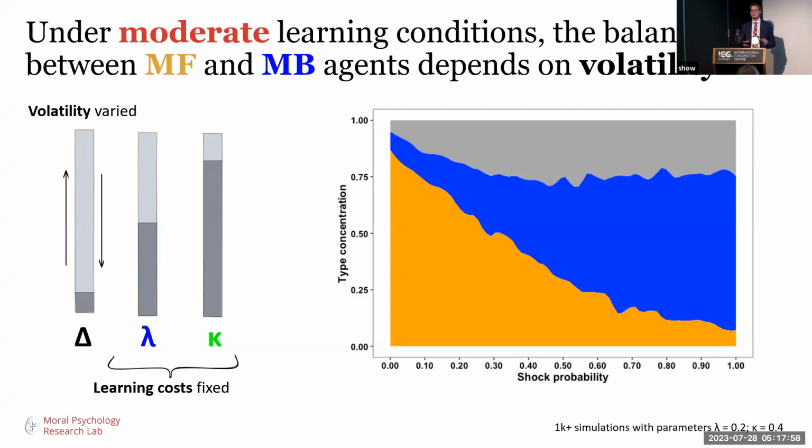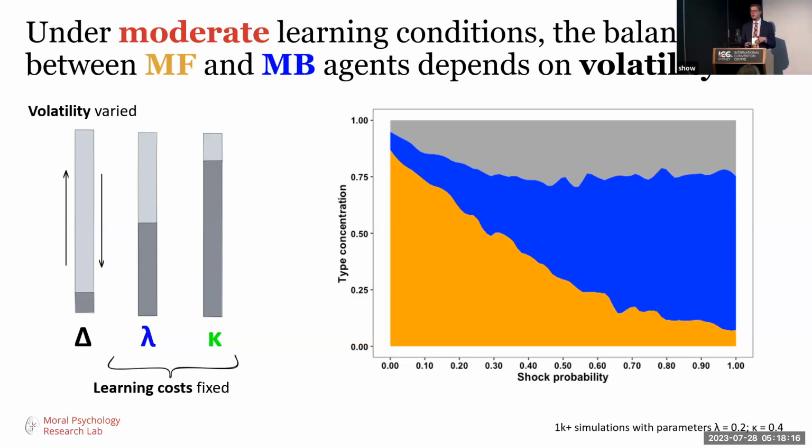Cool. So that's grounding the model in prior work, but the more interesting main results are in how the model characterizes the trade-offs between different types of social learning strategies. First, I want to talk about a moderate regime where there's a balance between model-free and model-based agents that itself depends on volatility. The panel shows many simulations conducted under moderate conditions, where it's relatively easier to be a model-based agent than it is to be an individual learner.